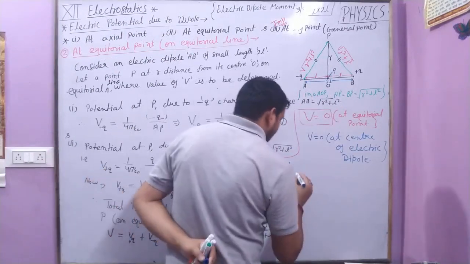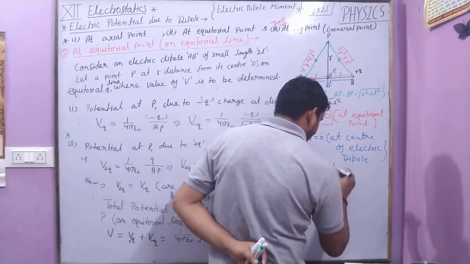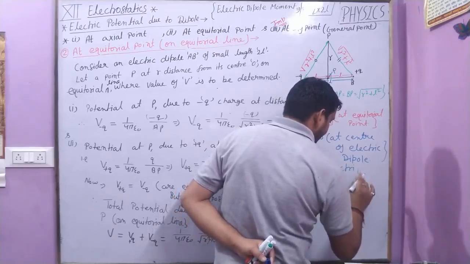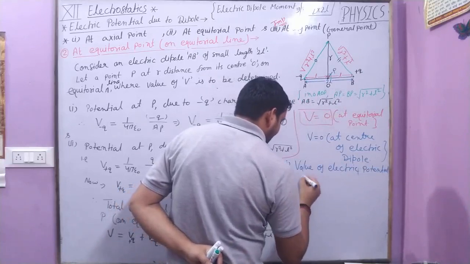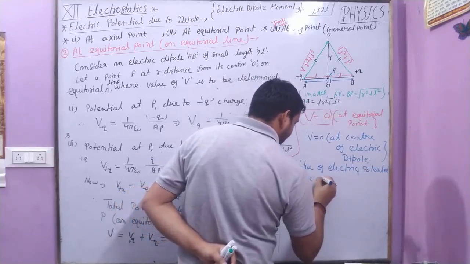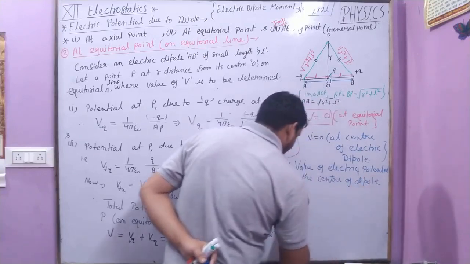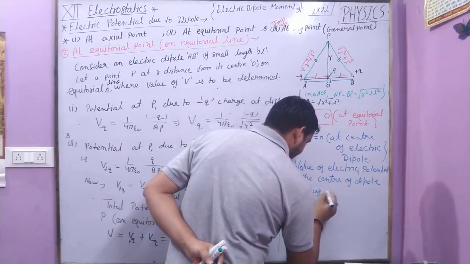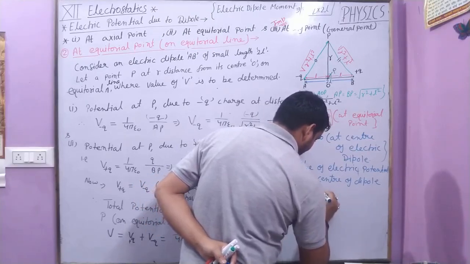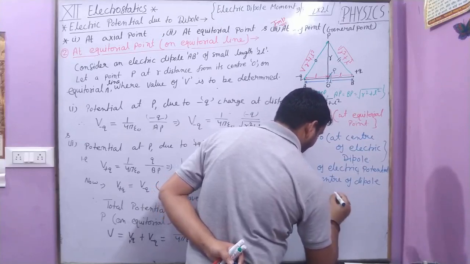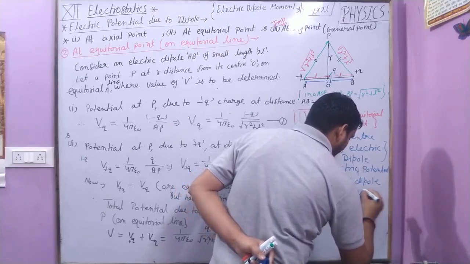First one is the value of electric potential at the center of the electric dipole is always zero, that is V at equatorial is equal to 0.